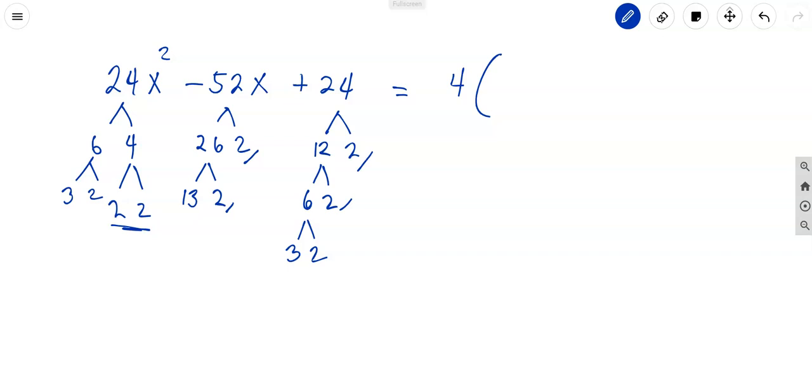So we will have 6x squared minus 13x, and then plus, the remaining here is 3 times 2, we get 6. So that is the factor of 24x squared minus 52x plus 24.